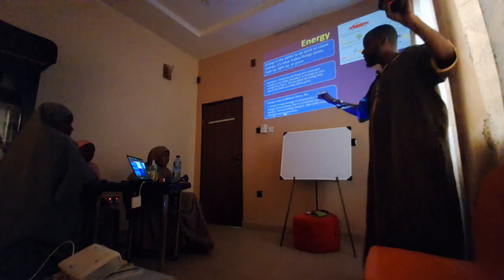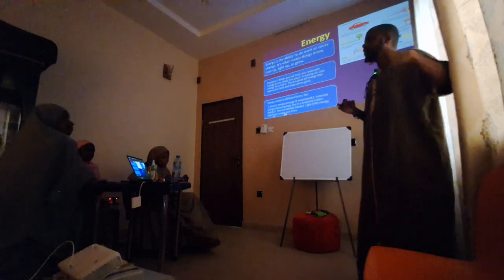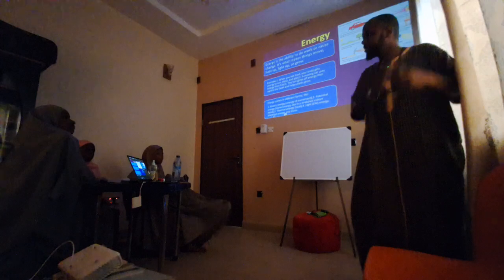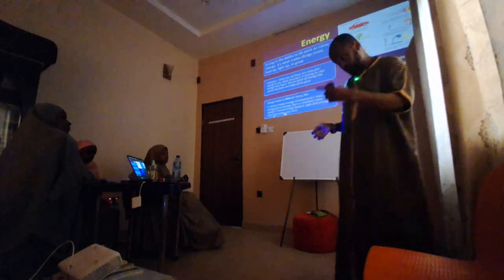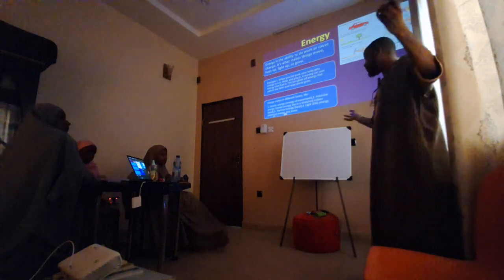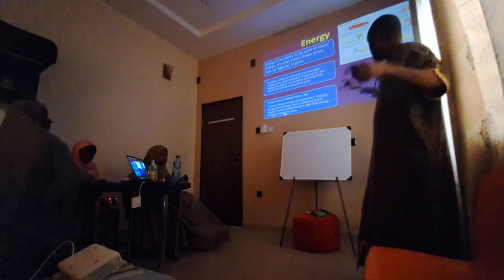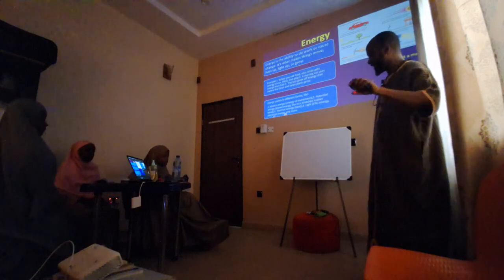But you also have the ionizing radiation, the gamma rays, the X-rays. You know about X-rays, isn't it? The sun produces all the spectrum. That's why it is called electromagnetic energy.